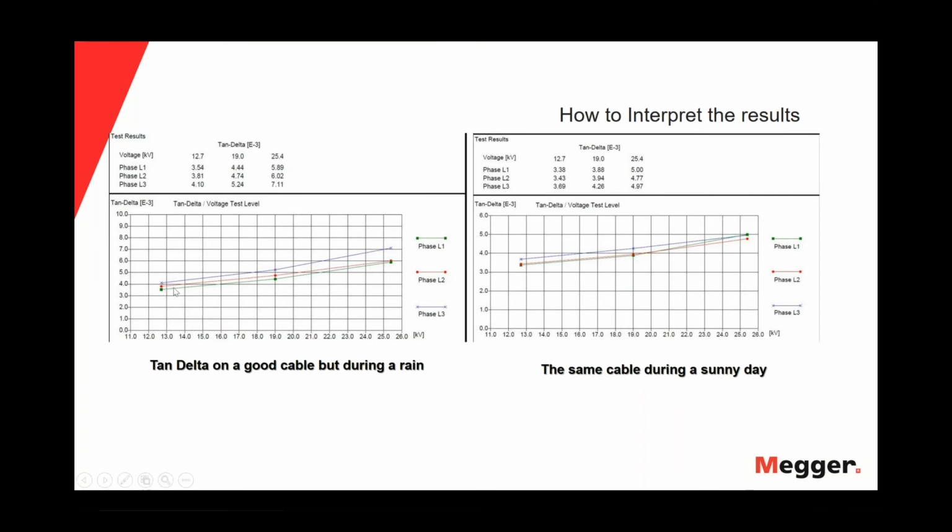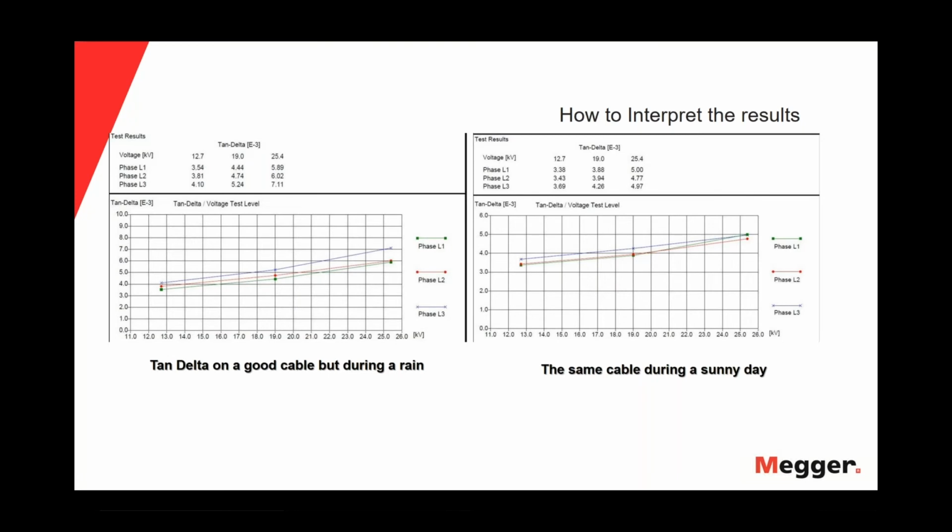So the values of the tan delta are higher in this test. But for the same cable, we did the tan delta on a sunny day, and we get a better result or lower values for the tan delta, which means that the weather conditions could also affect the results of the tan delta test.